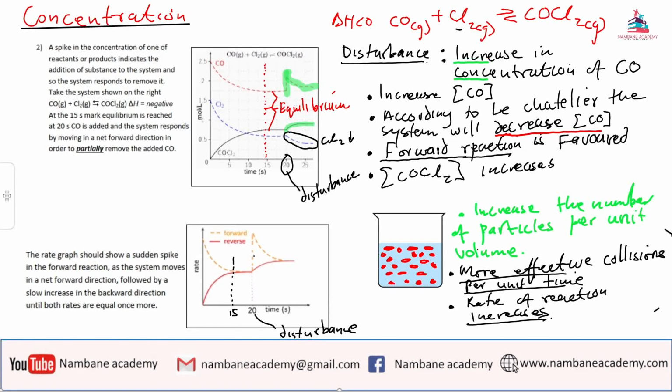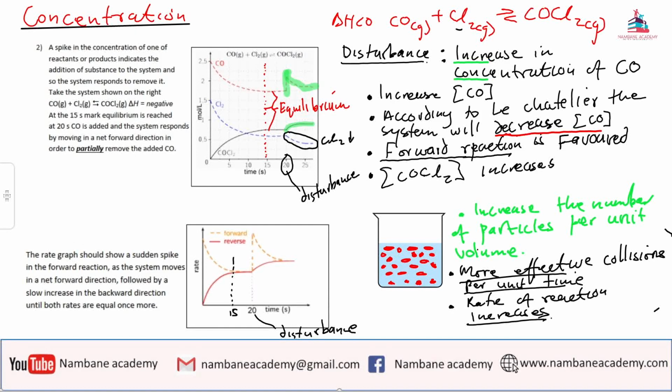Then it basically says that's the reason why we see now that the forward reaction actually has a higher rate, but it will eventually decrease such that the equilibrium can now be again at the dynamic equilibrium.